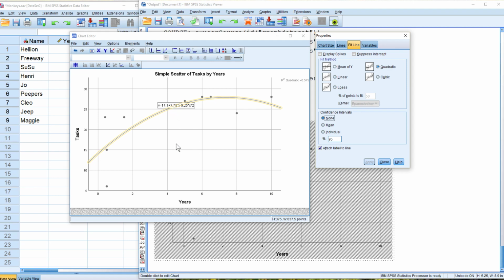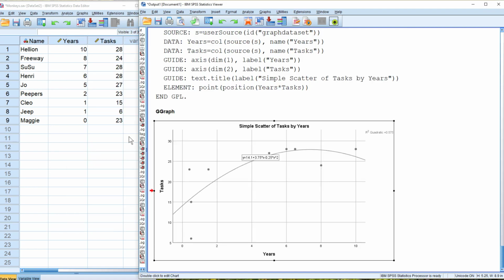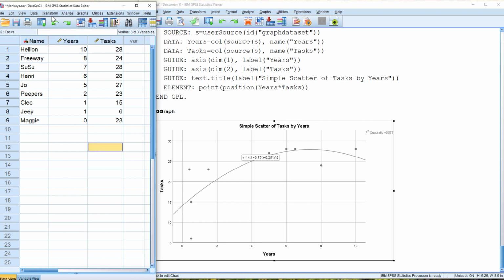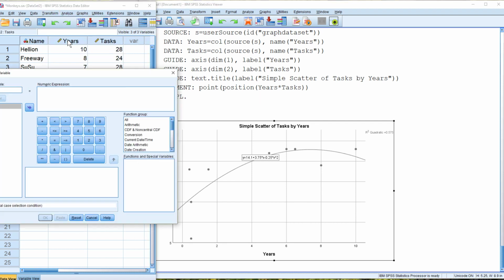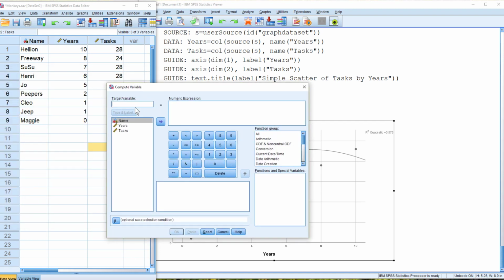So you can do the regression analysis for a quadratic equation fairly easily. You just need to add in that years squared variable. So if I go to transform compute, and we want, let's just call it y2 for years squared, and then we'll say years times years.